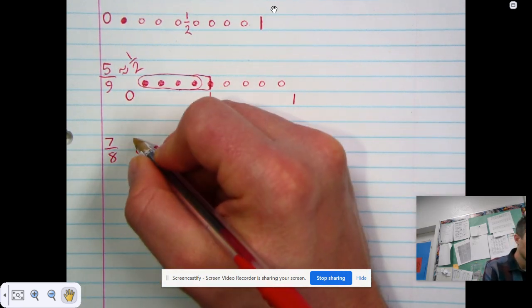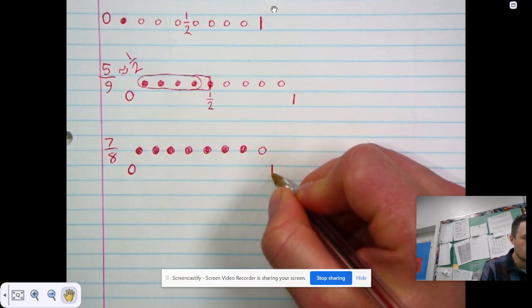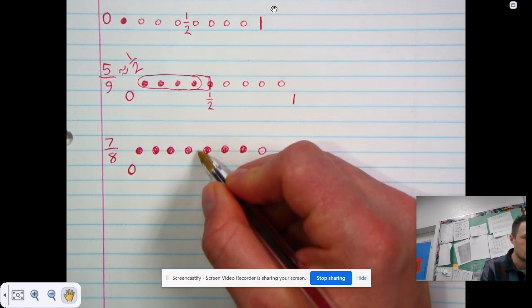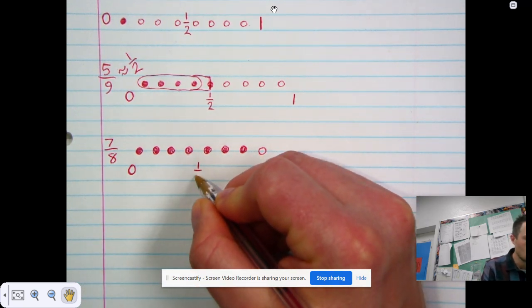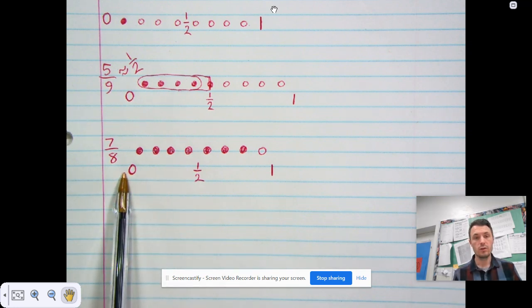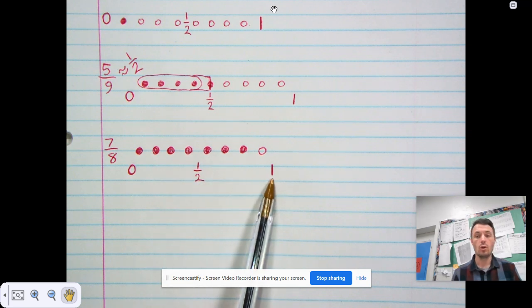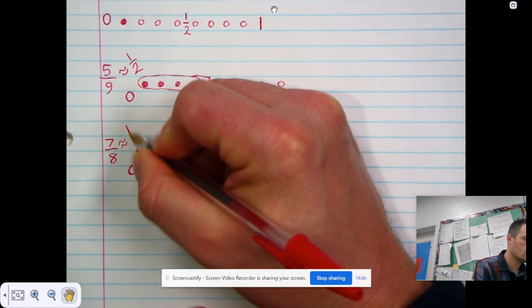So this would be 0 of the marbles colored in. This would be if all the marbles were colored in. And since this is an even number, the halfway point is right between 4 on this side and 4 on this side. So this would be 1/2 of the marbles colored in. So is the amount of marbles that are colored in closer to 0 of them, closer to 1/2 of them, or is it closer to 1 whole, or all of the marbles? Closer to 1 whole. So we would say 7/8 is about 1 whole.